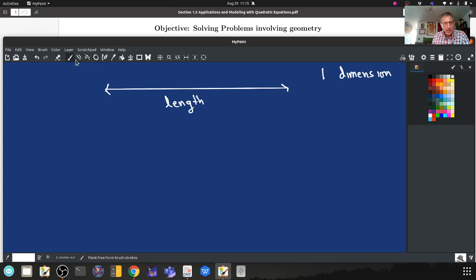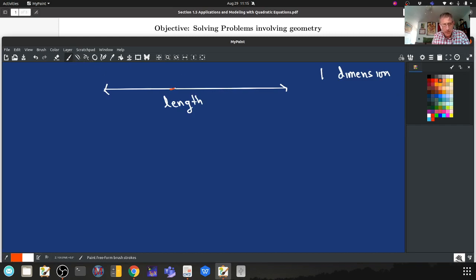So here, if I say, okay, I want to go from here on my number line to down here on my number line, that's going to have a length.